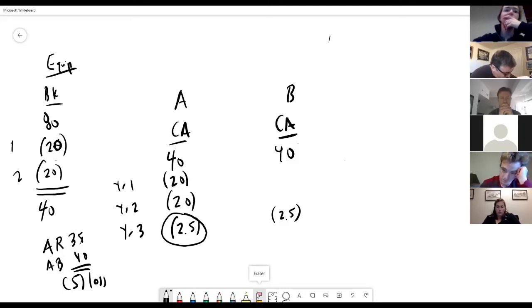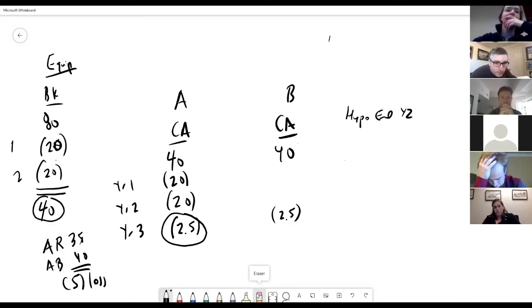Under PIP, we look at the hypothetical liquidation at the end of year 1, end of year 2. Pretty simple. If we liquidate at the end of year 2, we'd have 40 of proceeds. A's capital account, if we stop right there, is 0, and B's is 40.